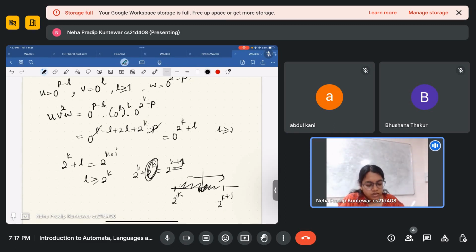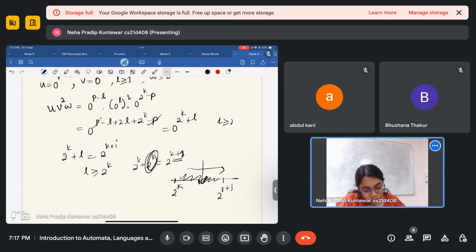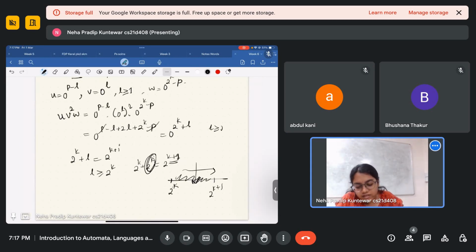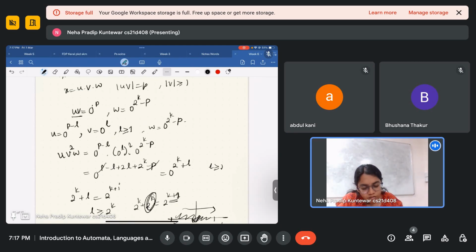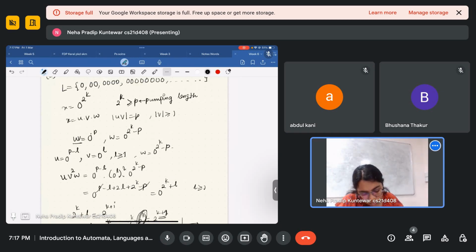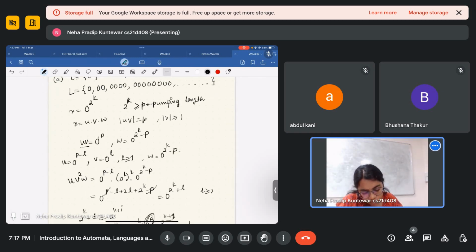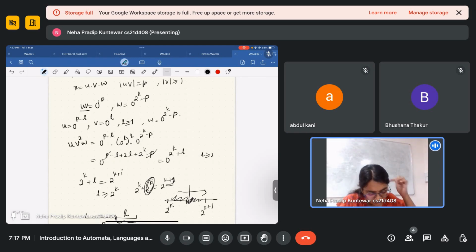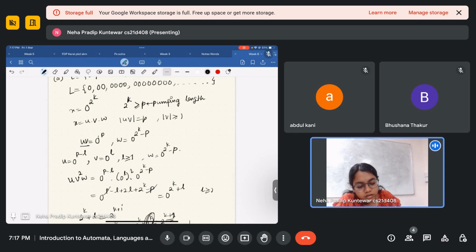So you will be stuck somewhere here. And l is nothing but, if this is your p, then l is some non-zero part of this. By choice of k, you have that p is at most 2 to the k.